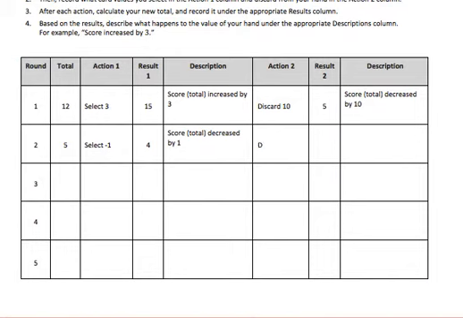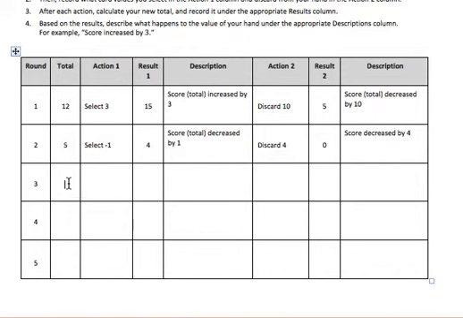If we then discarded a +4, that would mean that the result was that we got to 0. Our score decreased by 4.